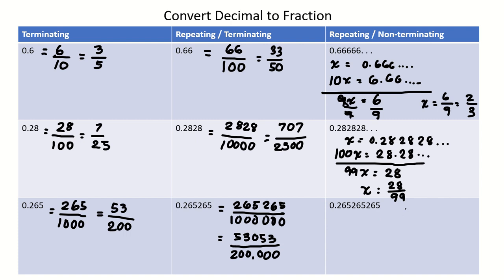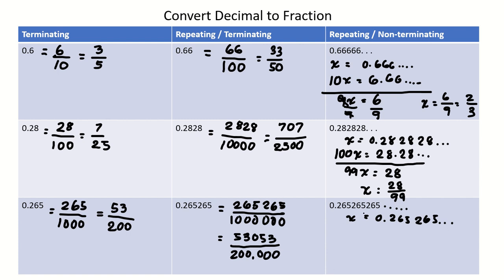265, the repeating part I mean, is 3 digits, 1, 2, 3. So assign this as x, 265. Actually this is non-terminating, so there must be dots there. 265 dot dot dot.